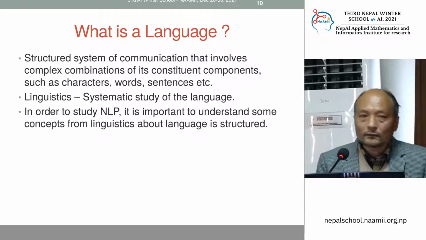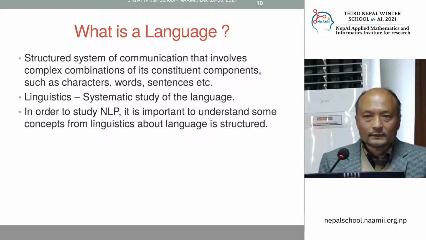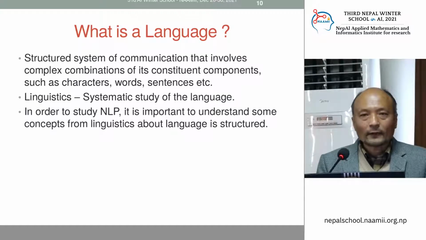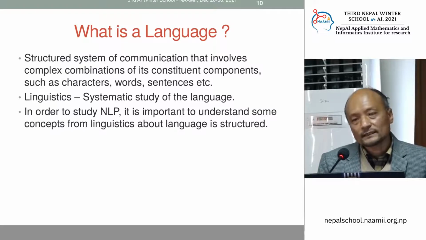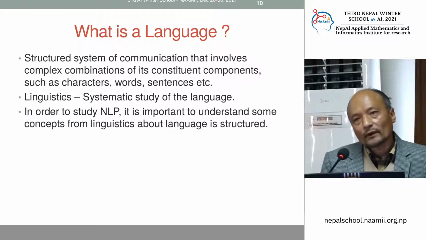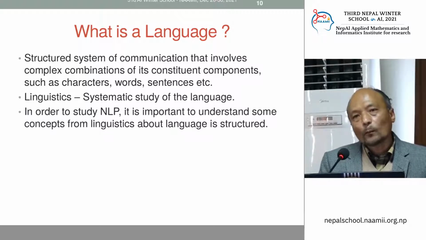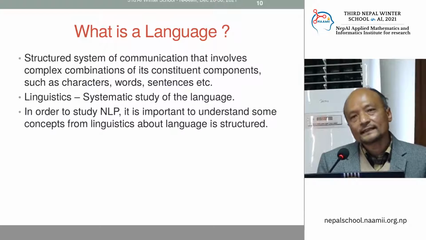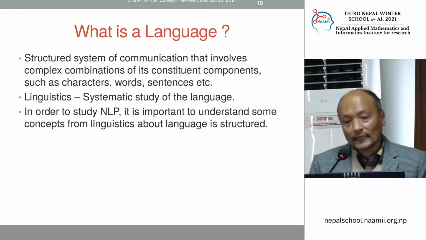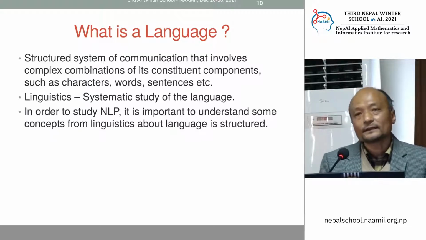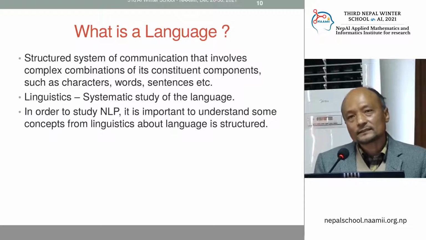Systematic in the sense that language comprises different mediums, for example text, and this text would in turn be composed of words, sentences, paragraphs, documents, and so on, right? So we would need to do a systematic study of the language with regards to these different constituents of the language.